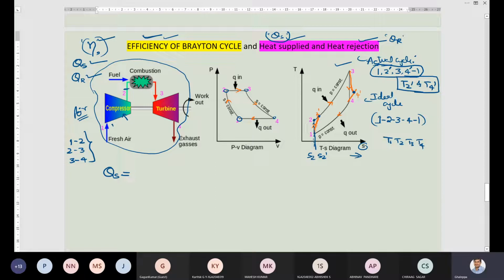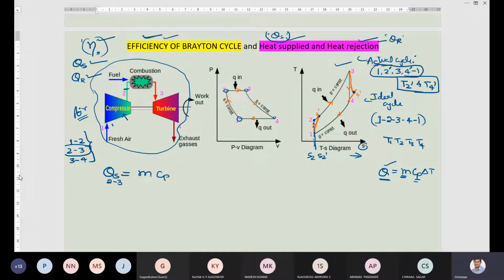So 2 to 3 is a heat addition process. First underline this, 2 to 3. And we know the basic equation for heat supplied. What is the basic equation? m Cp delta T. This is the basic equation we always write for heat transfer. So now I am writing for 2 to 3. Write m as it is, Cp as it is.